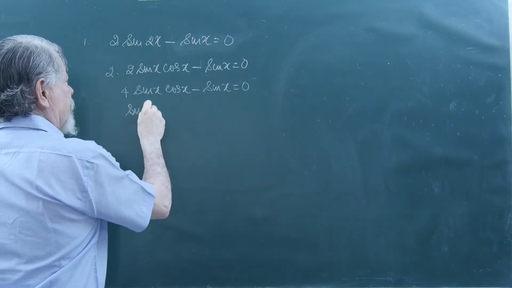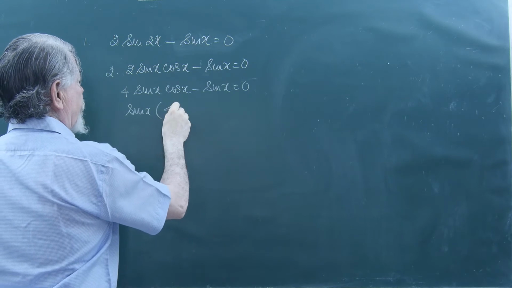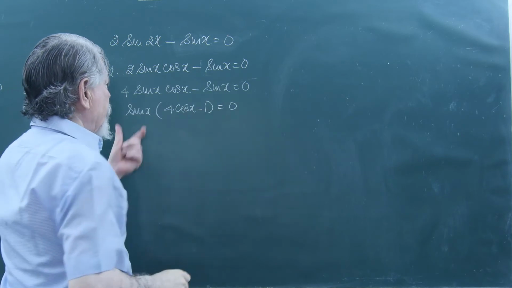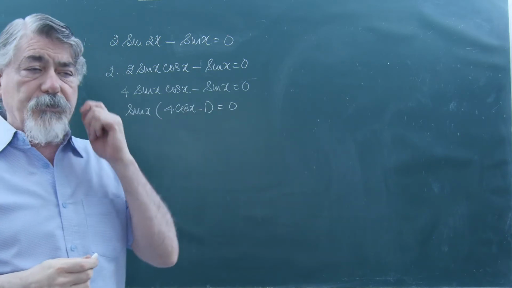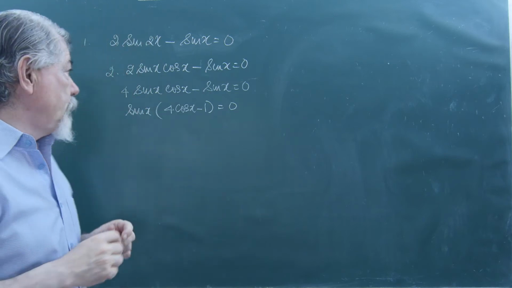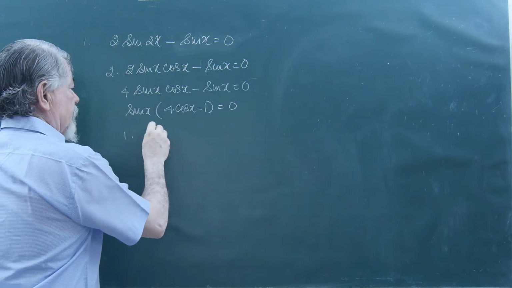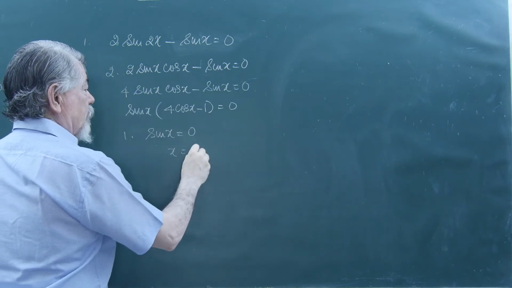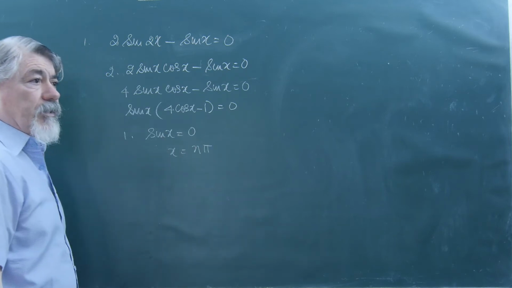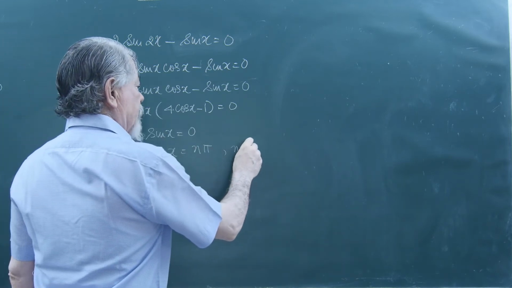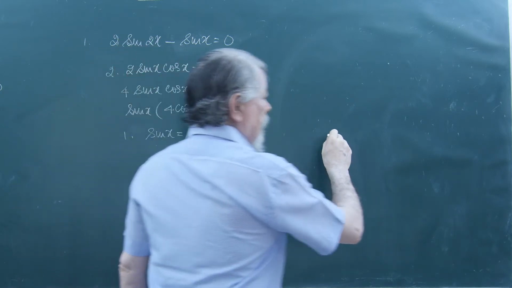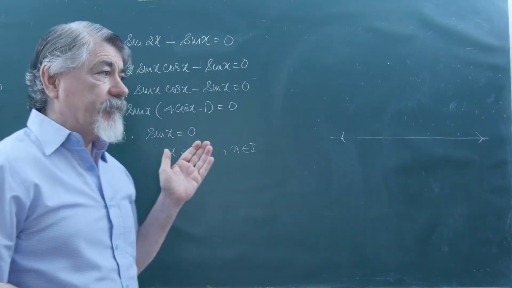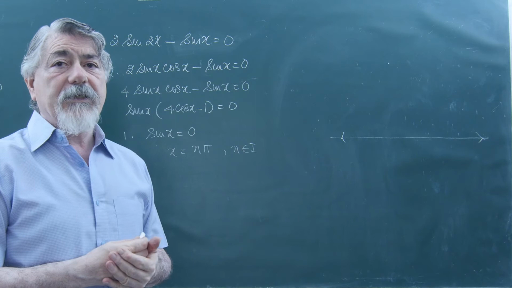If I take sine x common here, what will be left is 4 cos x minus 1 is equal to 0. Now when the product of two numbers is 0, one of them has to be 0. So in the first case, sine x is 0 and you know when sine x is 0, x is equal to n pi, where n belongs to the set of integers, because we told you that on the x-axis, whether on the positive side or the negative side, sine is always 0.